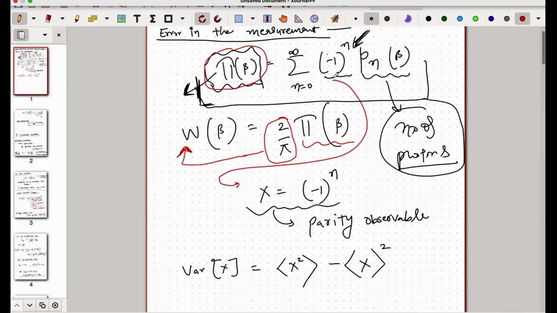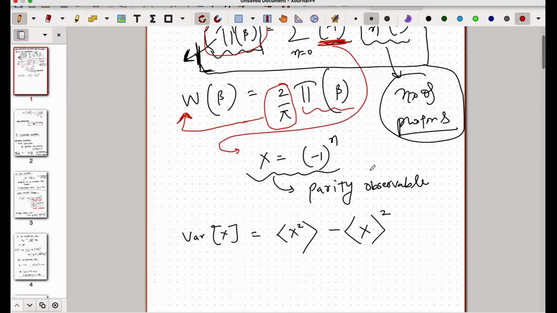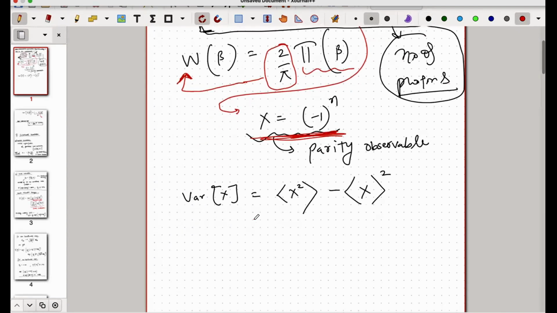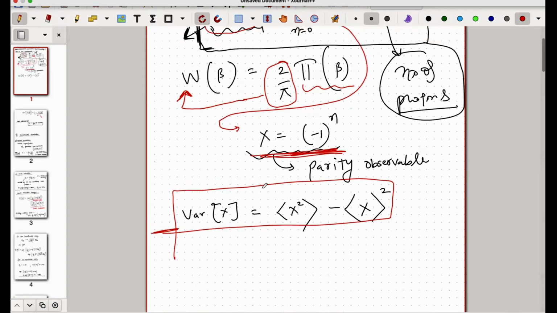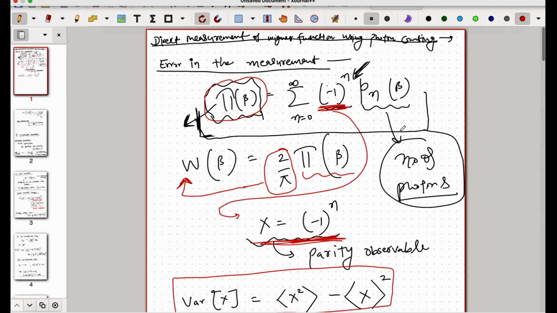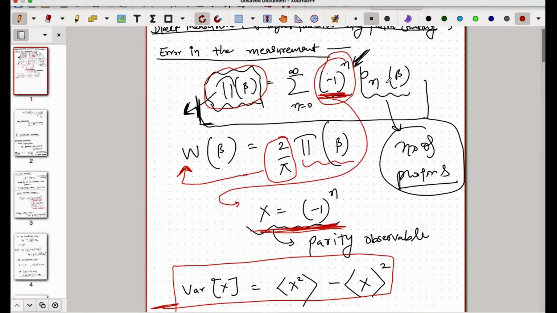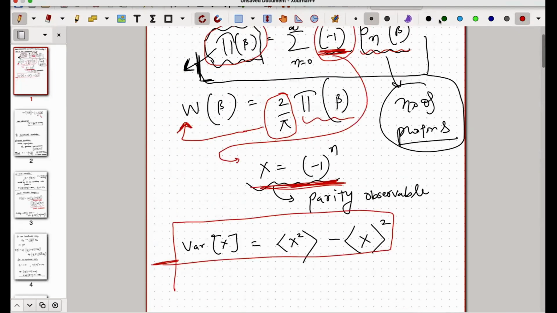As I have defined this parity observable here, it will look like this. And for this parity observable, we are going to find the variance. So to find the variance, it will look like an observable here, and then the probability sums for the number of photons distribution in phase space.